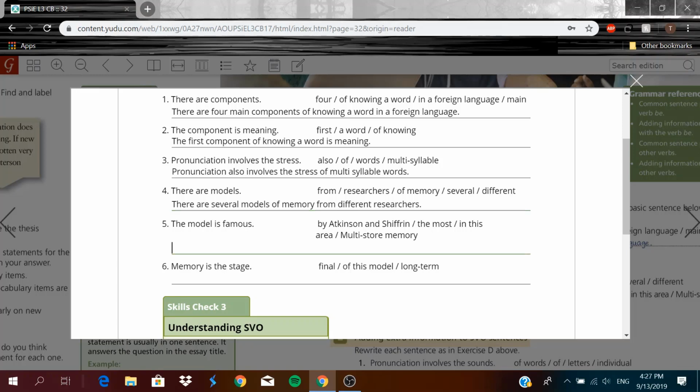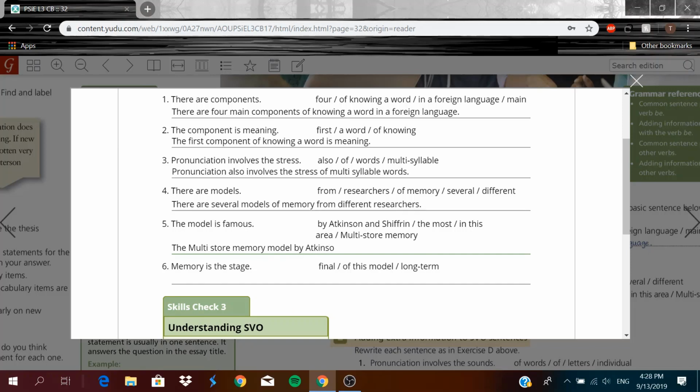Okay? Then we have the model is famous by Atkinson and Shiffrin, the most in this area in multi-store memory. This one's long. So based on what we read a couple pages back, I think I should write this in capitals, so the multi-store memory model by, what was his name?